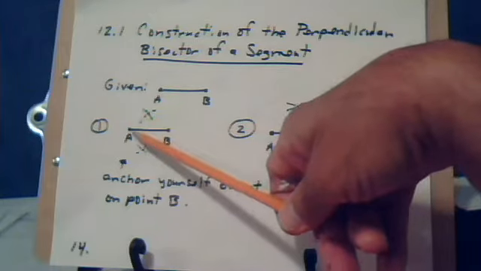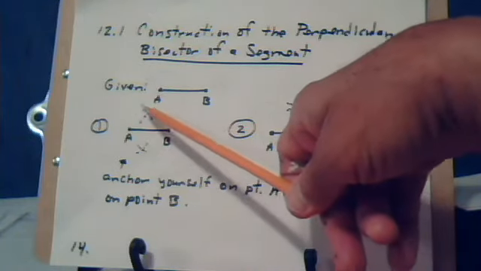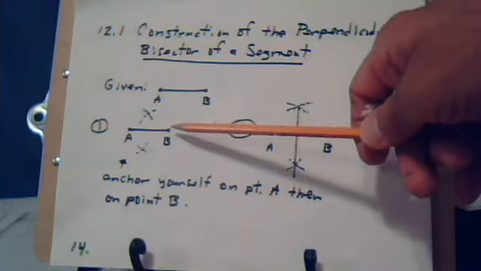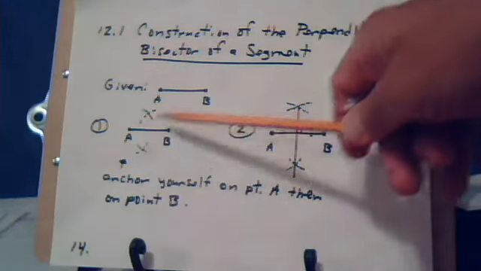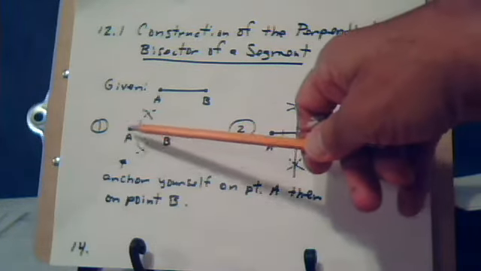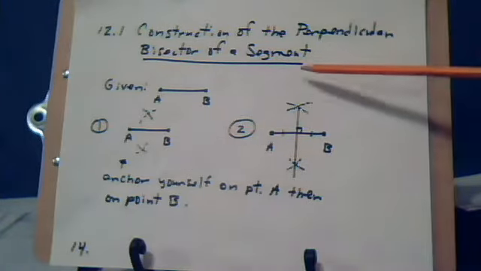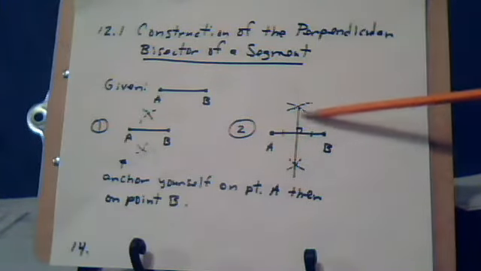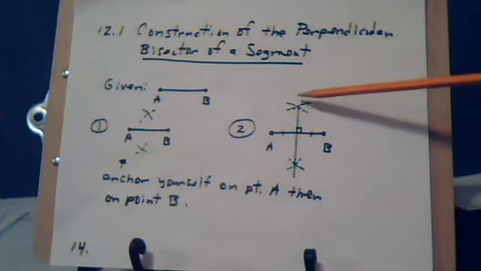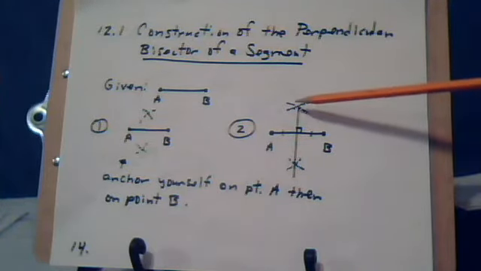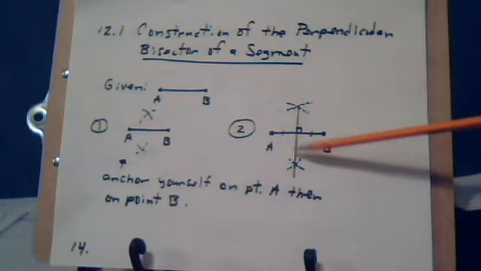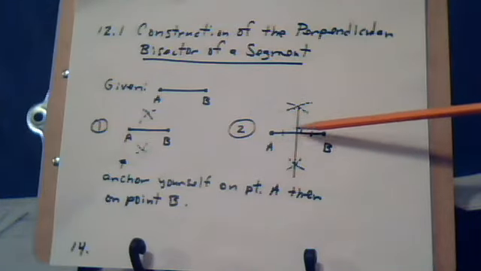Now anchor yourself on this A, move your compass, and do the same thing on this side. Anchor on the B, anchor on the A. Now you've created two intersections. All you have to do is join them, and you have this perpendicular bisector. The bisector is the one that does the cutting in half. So this is cutting this segment in half, and it's doing it perpendicularly.